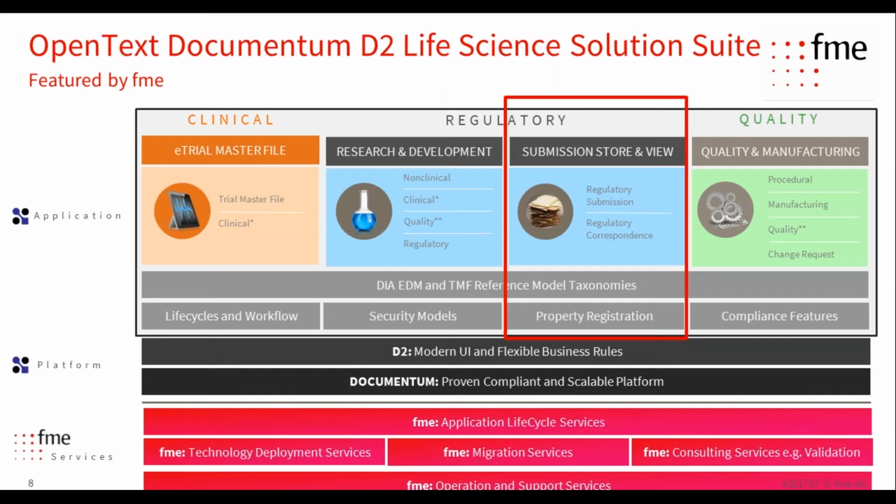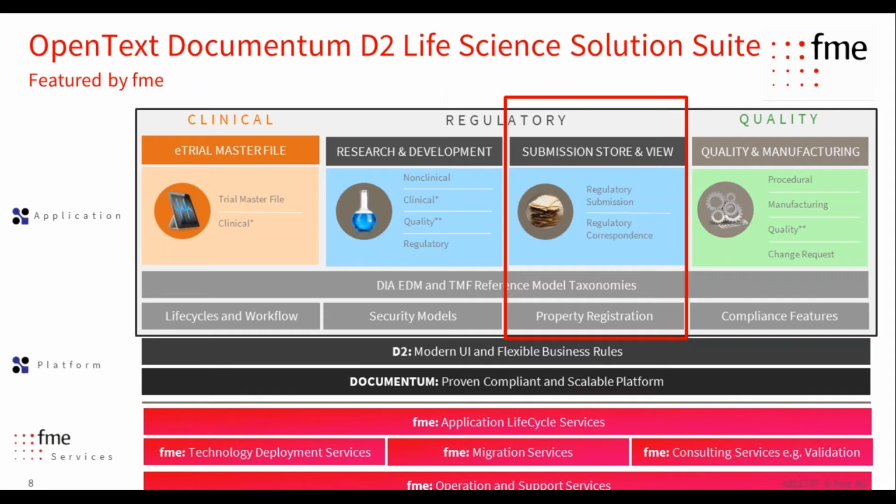You'll notice here, top 10 pharmaceuticals are leveraging OpenText Documentum. 95% of the top 50 pharmas are leveraging the OpenText Documentum platform, and then 90% of the top 10 biotech companies. Again, that speaks for itself, just shows the investment, the skill, the knowledge in terms of the platform from an OpenText perspective for the vertical industry.